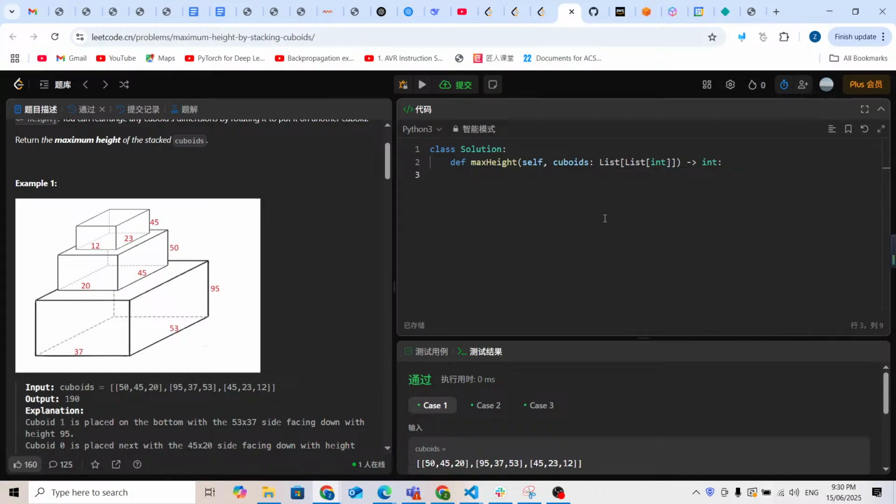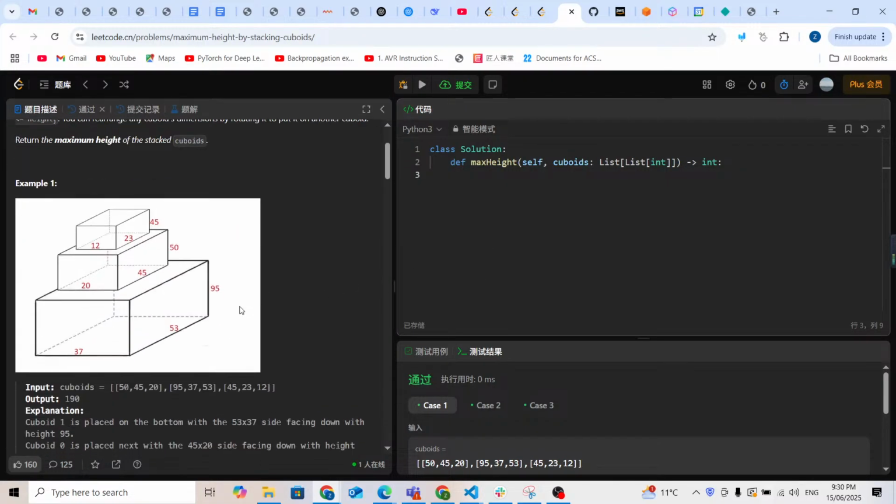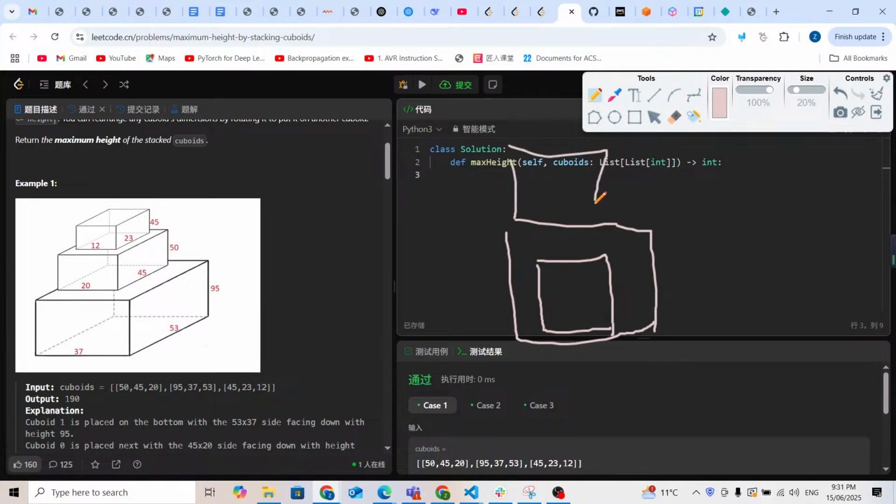Now let's use this idea to solve the problem. Just imagine if you can put a cuboid inside another cuboid, just use your imagination. If you can put it inside, you can turn it to any direction by 90 degrees, it doesn't matter, and then definitely you can find the highest height. So this is the idea.